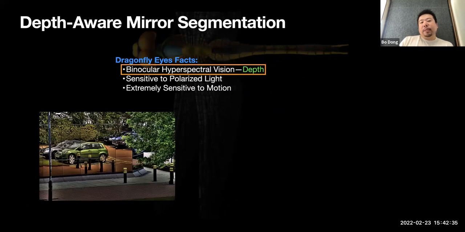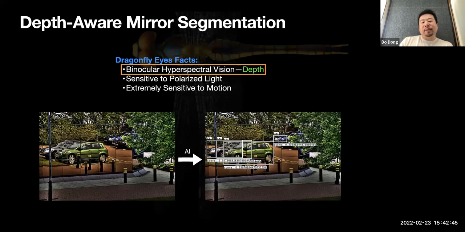So why mirror? A lot of people ask me, why are you interested in mirrors? Because mirrors give some trouble to us, right? It's a very common daily object. But without special treatment, the mirror is going to give trouble to our AI algorithms, especially for the reflective thing, we can misclassify or misdetect.